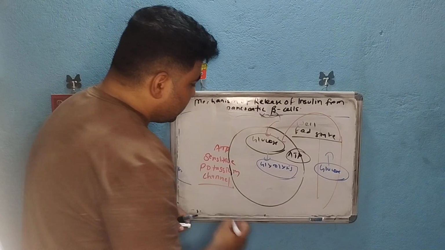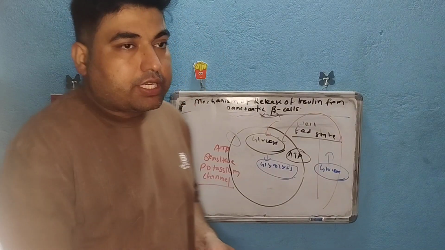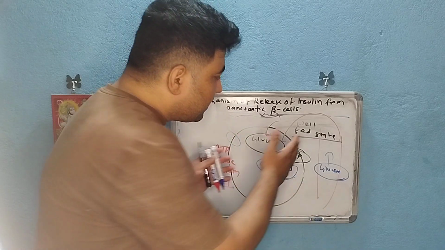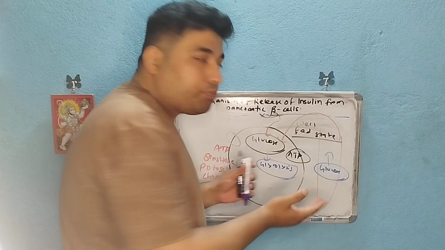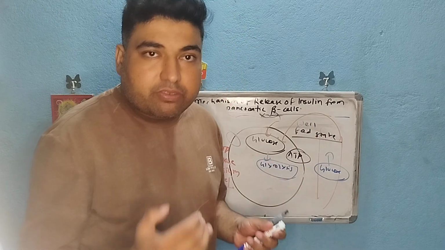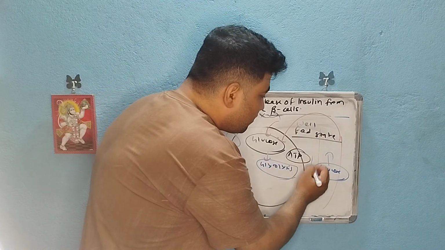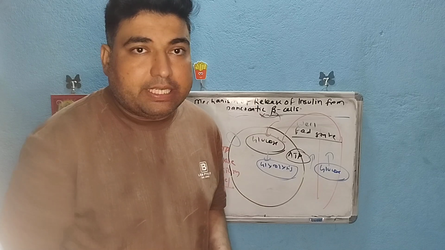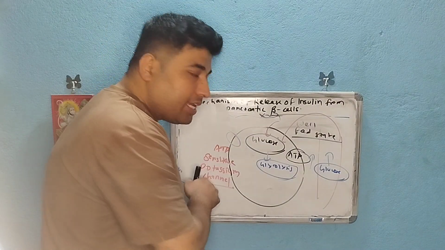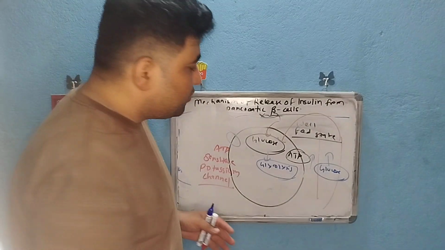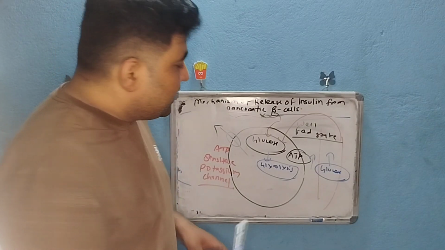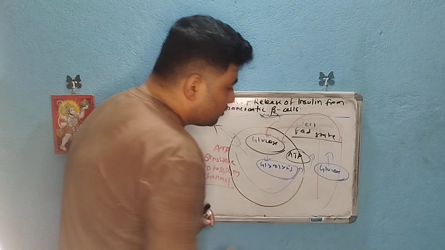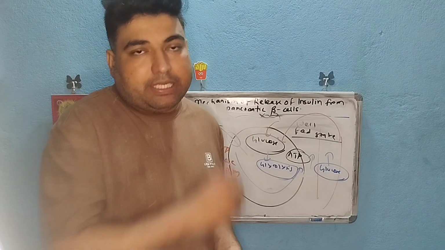When there is hyperglycemia or during the well-fed state, and the glucose is taken up by the pancreatic beta cells, there is a rise in the concentration of ATP. This channel, which allows potassium to go outside of the cell, is very sensitive to change in the concentration of ATP.